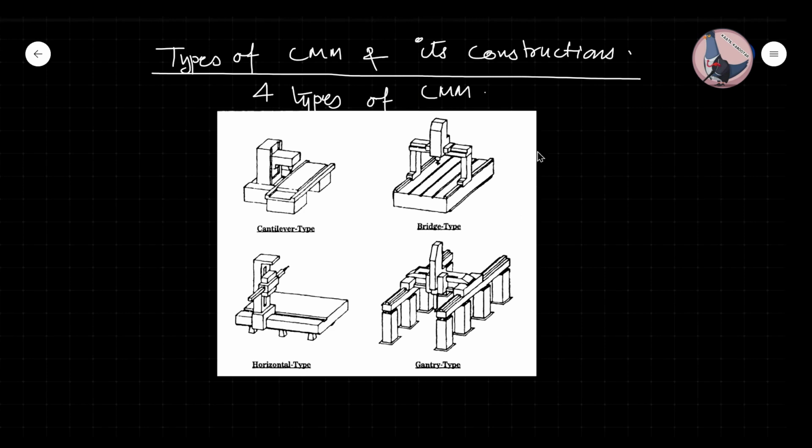The first one is the bridge type CMM. Second one is your cantilever type.